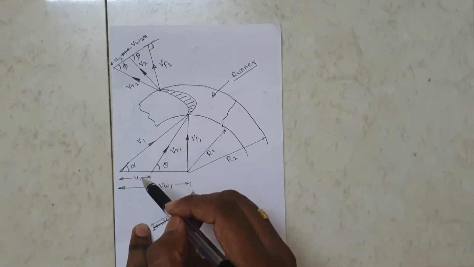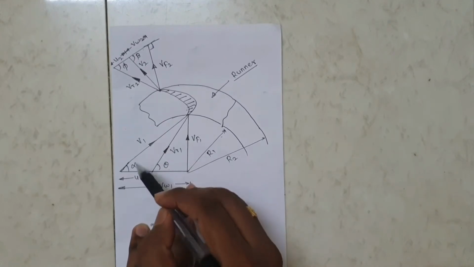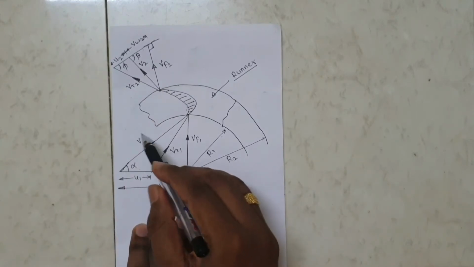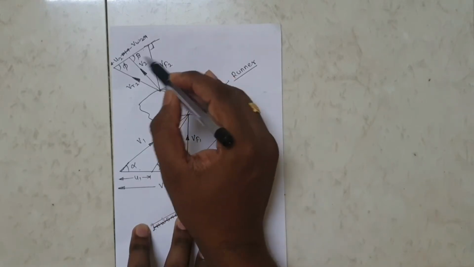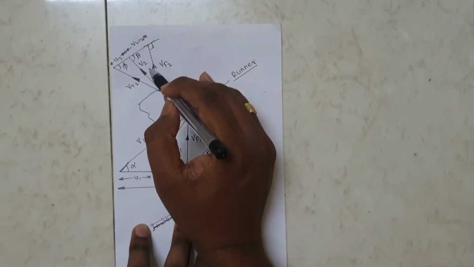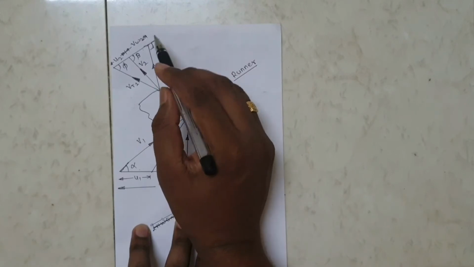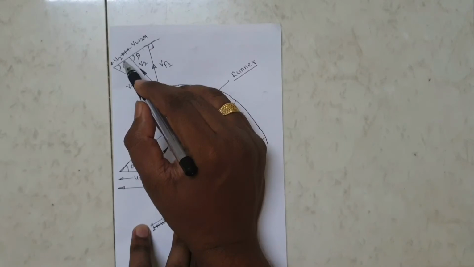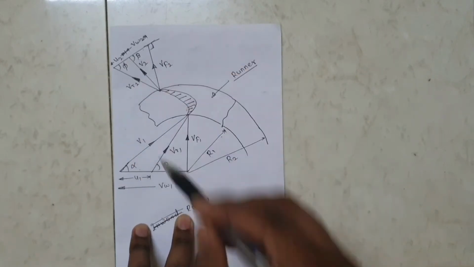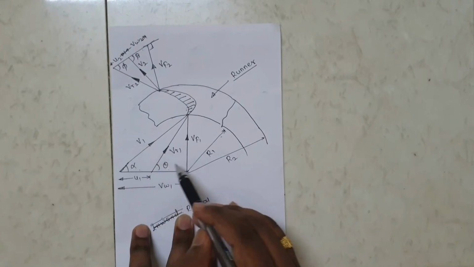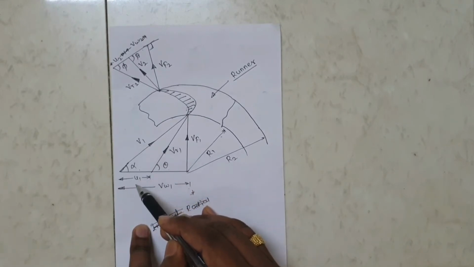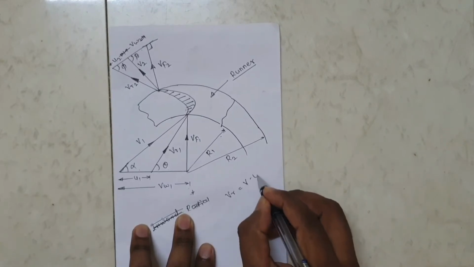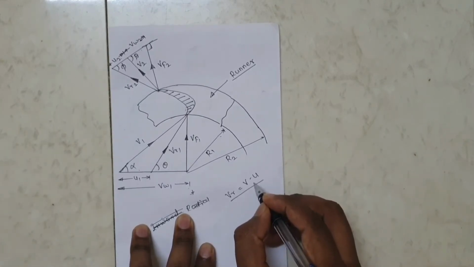And for the velocity of water, the angle at inlet is alpha, at outlet is beta. That means the angle made by the velocity of water at inlet V1 is alpha, and the angle made by the velocity of water at outlet V2 is beta. In between the relative velocity and absolute velocity there will be the blade velocity at outlet. Similarly here also, between absolute velocity and relative velocity is the blade velocity at inlet, because the relative velocity is the absolute velocity minus the blade velocity.